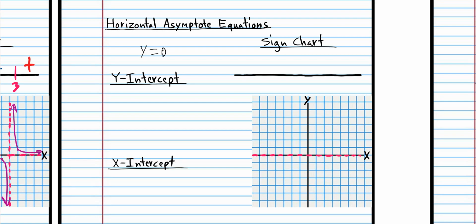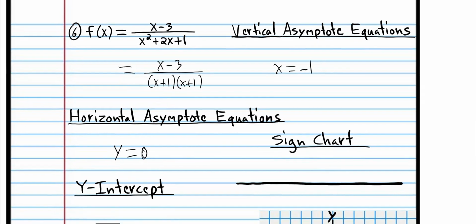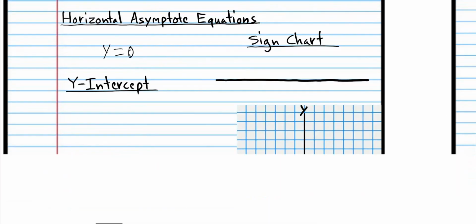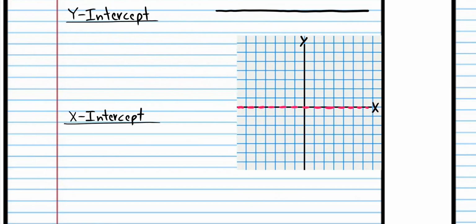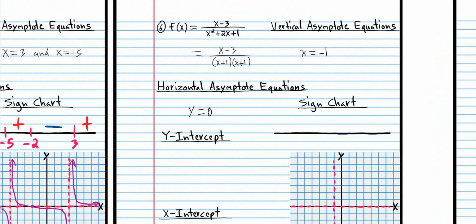So now let's find our vertical asymptotes. It looks like we have a vertical asymptote at x equals -1. So let's draw that. And let's find our y-intercept.